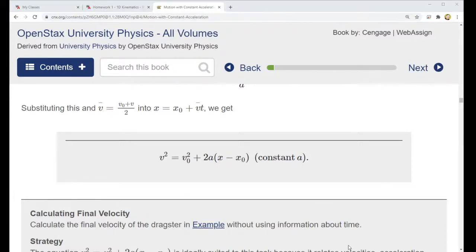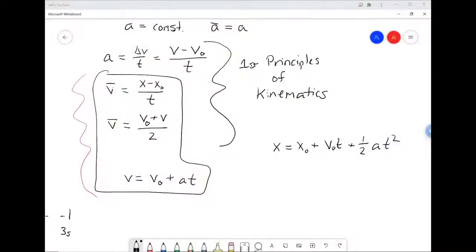So we get a fifth equation to add to our kinematics toolbox. All right, so let's write that down. v squared equals v naught squared plus 2a times x minus x naught.